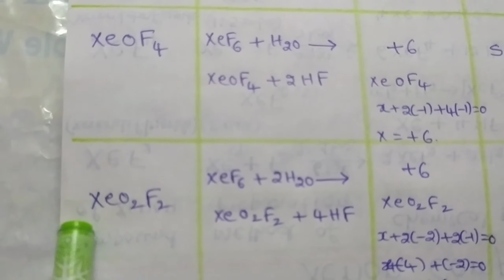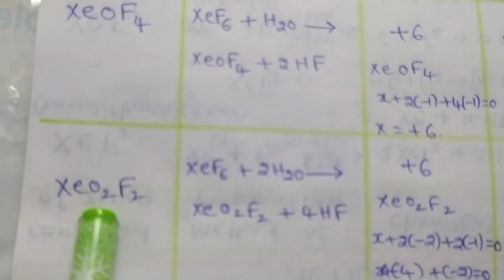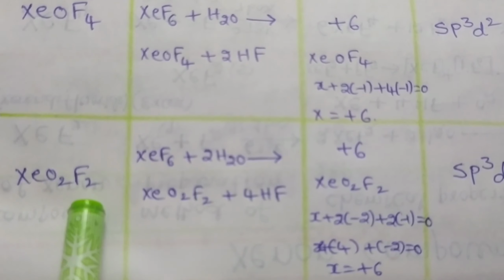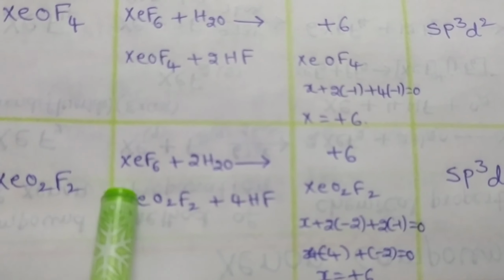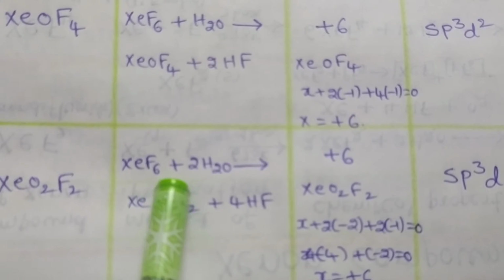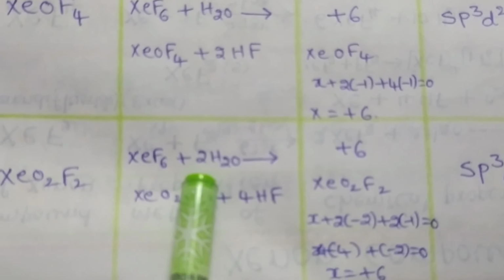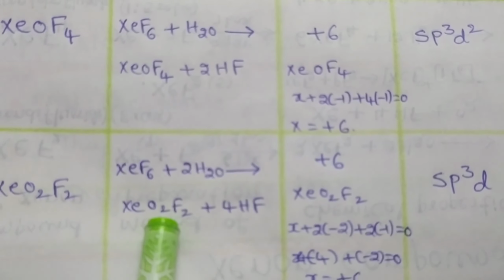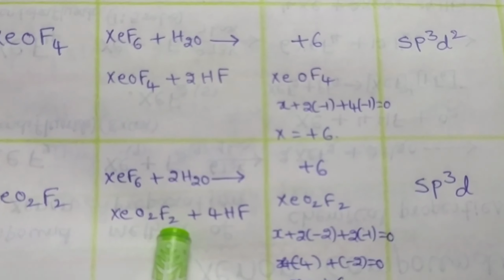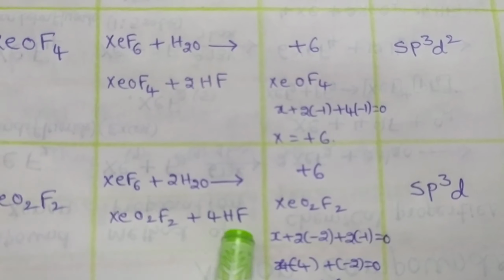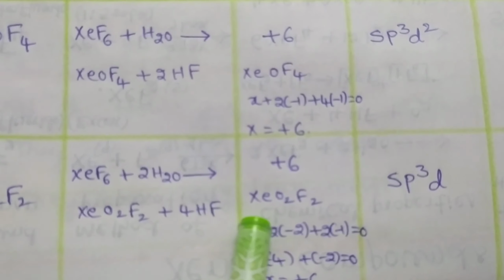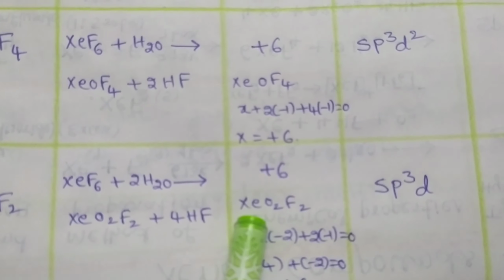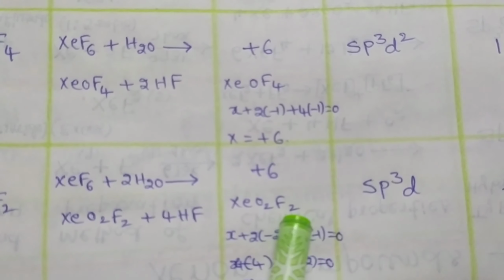Now we discuss xenon dioxygen difluoride, formula XeO2F2. Method of preparation: when xenon hexafluoride undergoes partial hydrolysis with 2 moles of water molecules, it forms xenon dioxygen difluoride. Here hydrogen fluoride is formed as a byproduct. Xenon shows +6 oxidation state in xenon dioxygen difluoride.